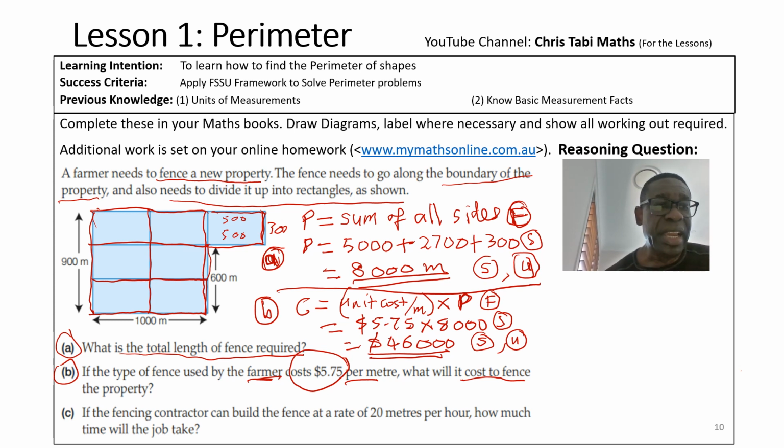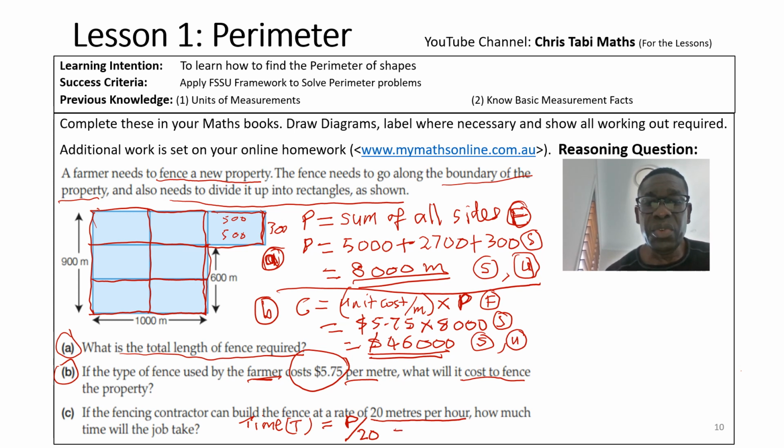Well, again, to calculate how much time it takes, the time t will be equal to the amount of fencing to be done divided by 20, because it can do 20 meters per hour.